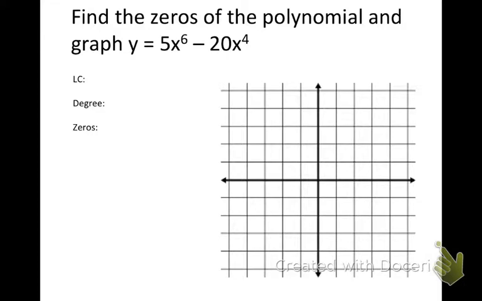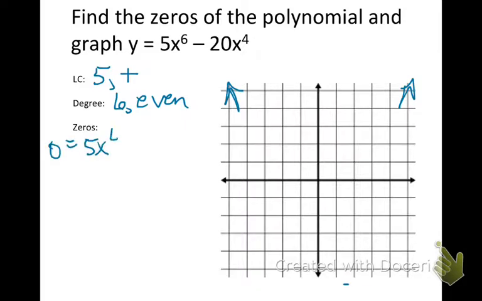So let's do this last graphing problem. First of all, let's look at the leading coefficient, which is 5, and it is positive. The degree is 6, which is even. So we're going to have end behavior that is up and up. To find the zeros of the function, let's set it equal to 0 and factor.